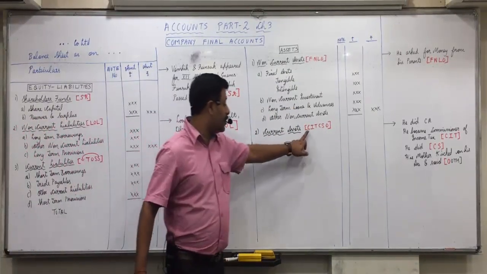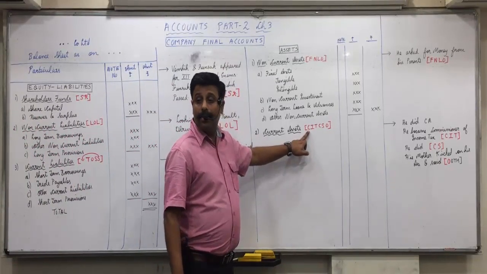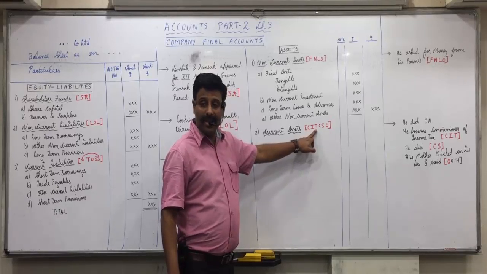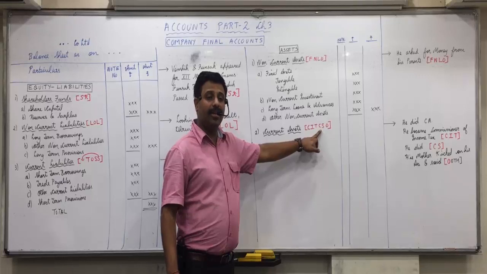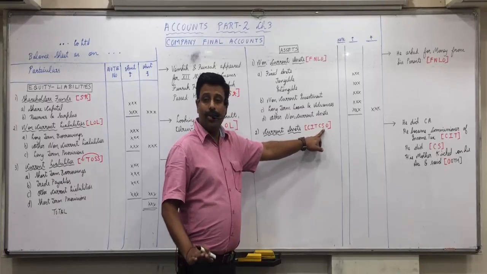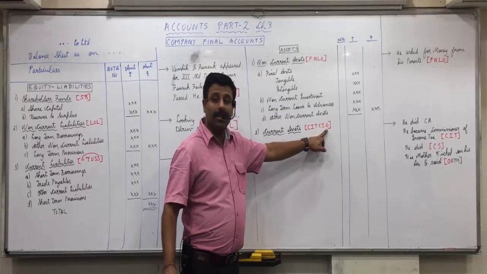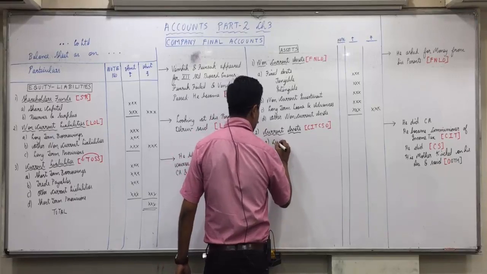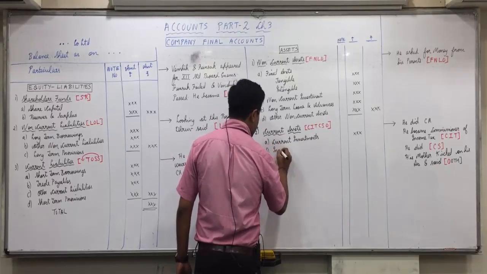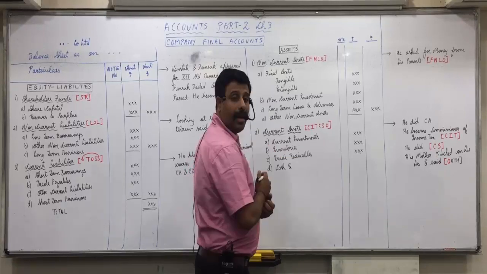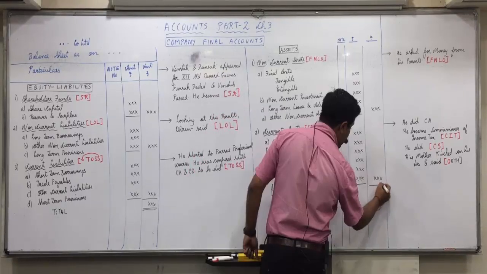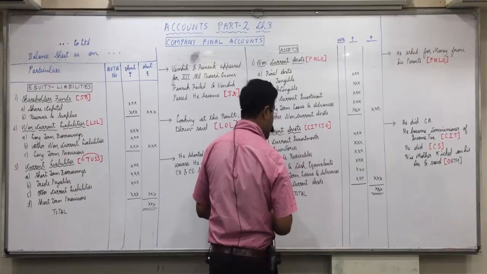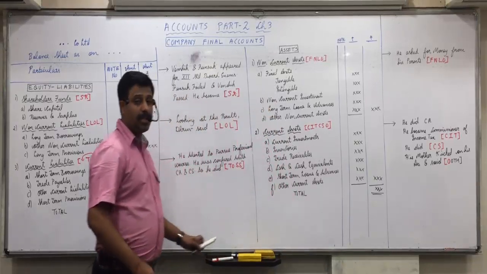What does this C stand for? Current investments, inventories, trade receivables, cash and cash equivalents, short-term loans and advances, other current assets. And final total. Here also the balance sheet should tally, total of assets and liabilities should match.